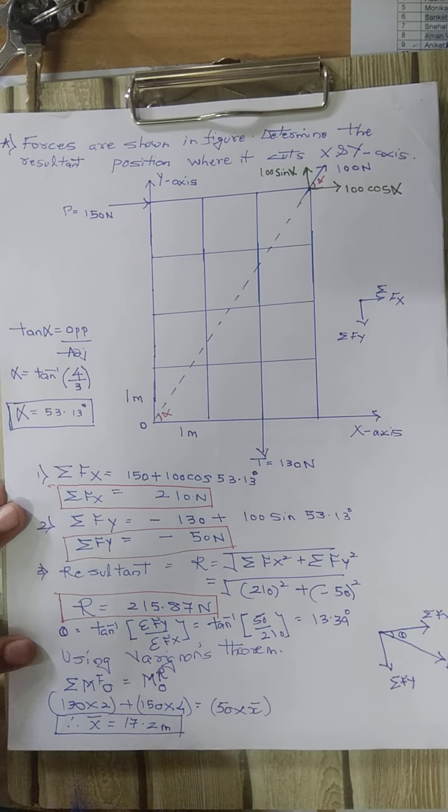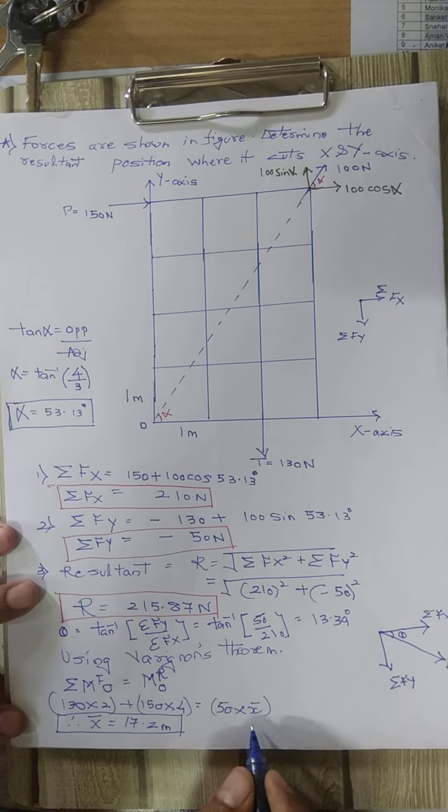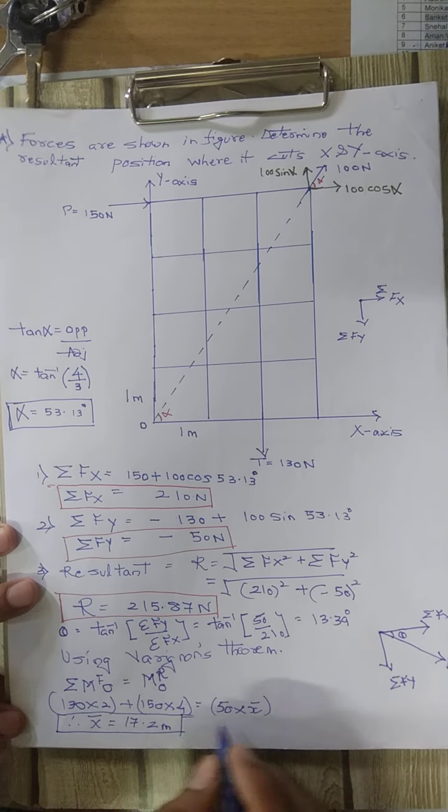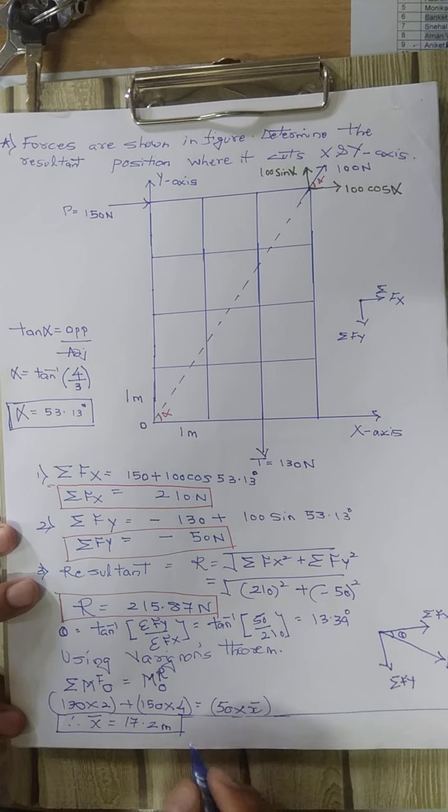Again, for finding out the y distance of this resultant, the same formula is used. So here I am writing down at this point. Yes, I'll change the color.